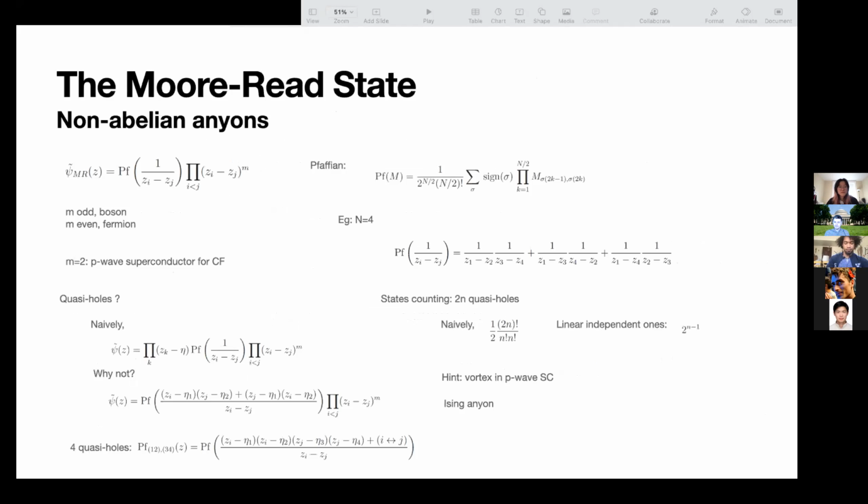So, I guess you're telling me the answer here on the slide, but if I had a partition function where the action for the Majorana fermions had this z_i minus z_j thing, and then I integrated out the Majorana fermions, I produced this Pfaffian. So is there some physical understanding of this Pfaffian as coming from the Majorana fermions in this way?